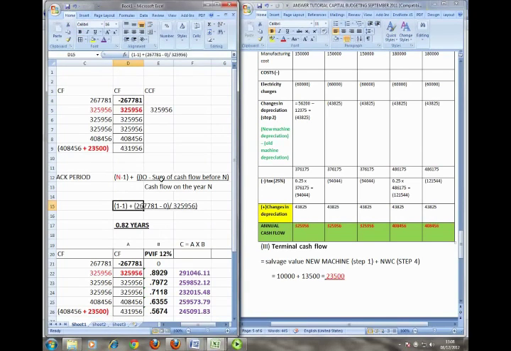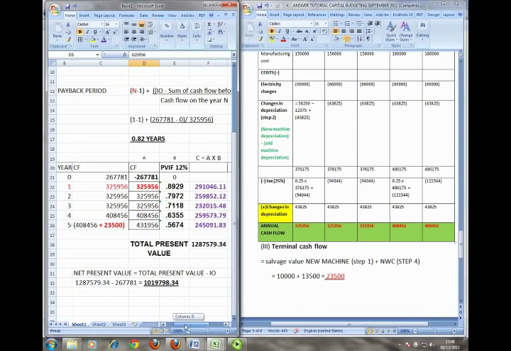So IO is your year 0 minus with your sum of cash flow before N. Just now we choose 1, correct? Because year 1 have covered the annual cash flow, the IO. So you need to sum of the cash flow before N and divide by your own cash flow at the year that you choose. Alright, then you get 0.82 years.